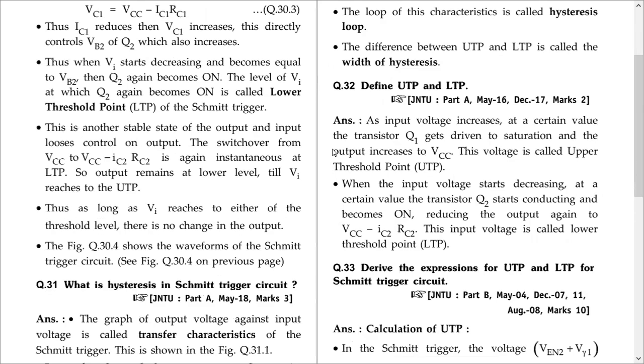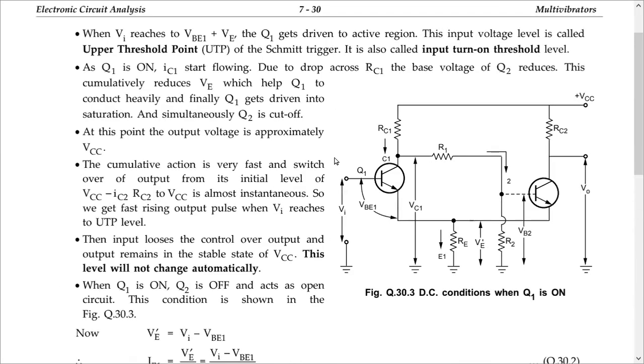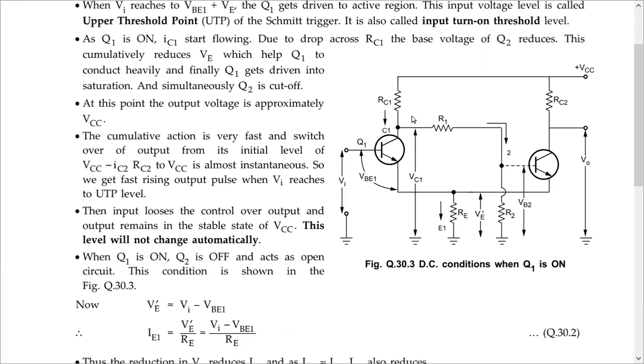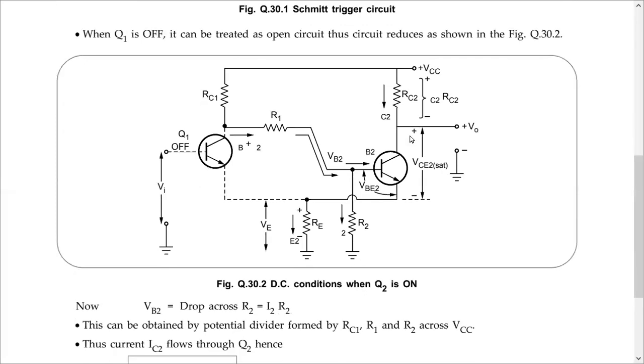We have discussed the functionality of the circuit, so we go back to the circuit where Q1 is off and Q2 is on. This is the circuit we have to consider. I repeat, the upper threshold point changes the state of Q1 from off to on, so we consider this case when Q1 is off and Q2 is on.